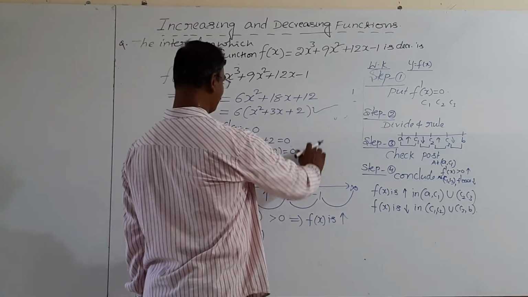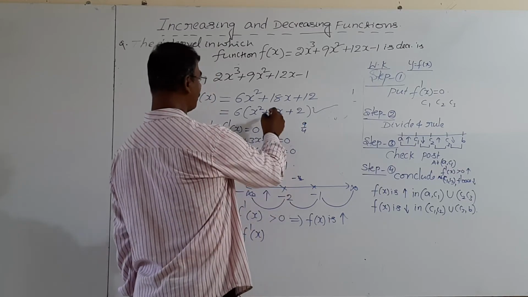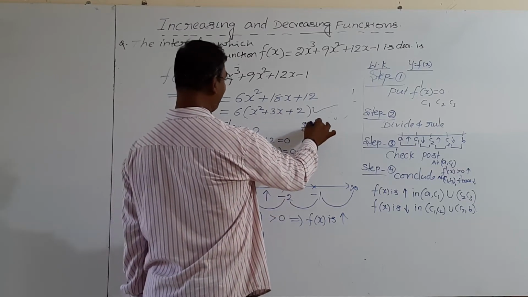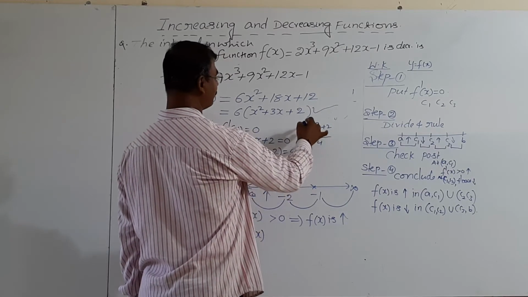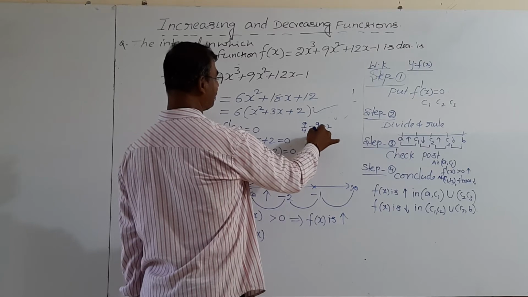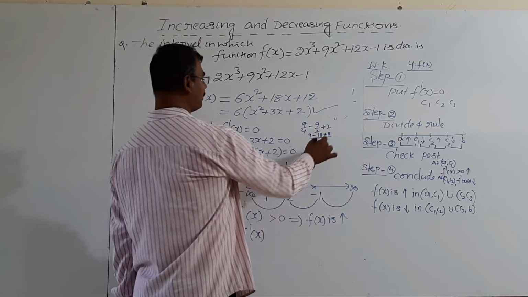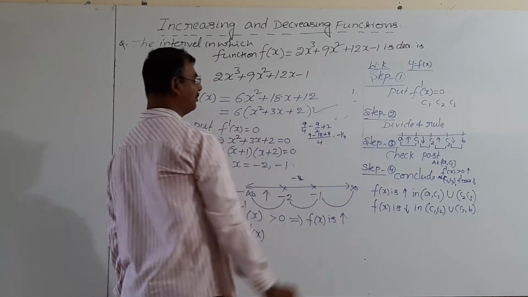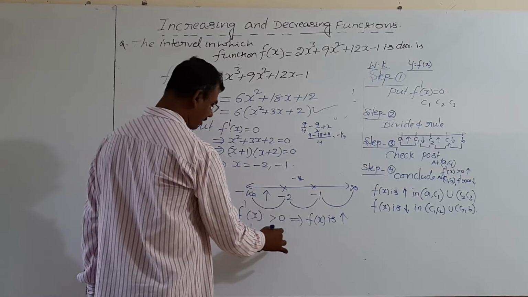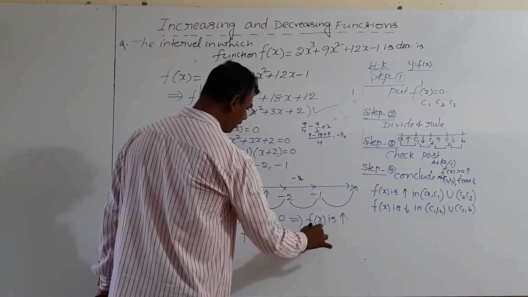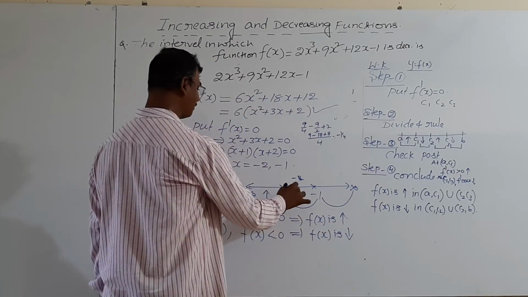Substitute that here. -3/2 whole square is 9/4, then -9/2 plus 2. LCM 4: 9 minus 18 plus 8. So what are we getting? -1/4. We get less than 0 in this interval. So f of x is a decreasing function.